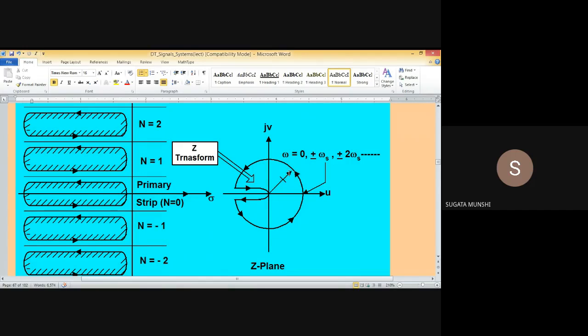This shows the radius of 1 unit, not properly drawn.